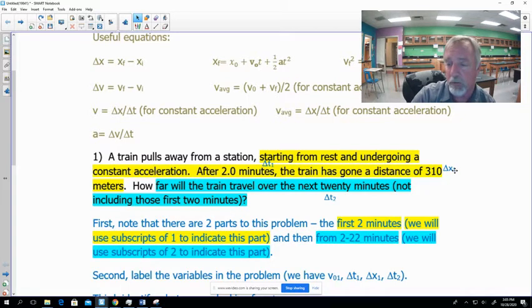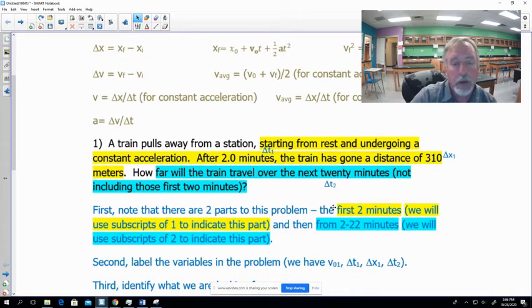Similar with our delta x here, delta x1, that's a change in position, our displacement for part 1. The second part of our problem I've highlighted in blue. This is from 2 minutes to 22 minutes. It corresponds to this part here: how far will the train travel over the next 20 minutes, not including the first 2 minutes? I will use subscript 2 for those, as we see here, delta t2 underneath the 20 minutes.